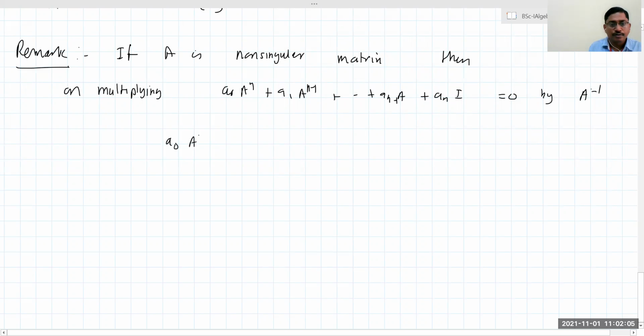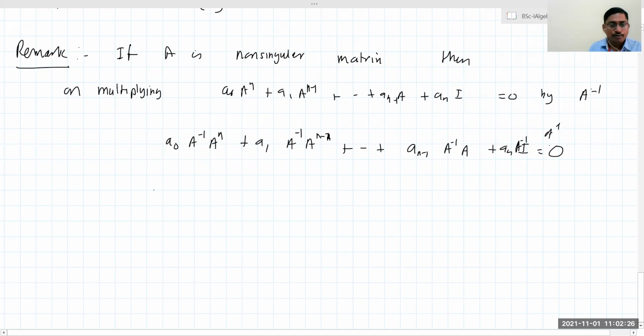A naught a inverse into a raised to n, a1 a inverse into a raised to n minus 1, an minus 1 a inverse into a, and an identity multiplied by a inverse. This is going to equal 0, 0 into a inverse, in fact.